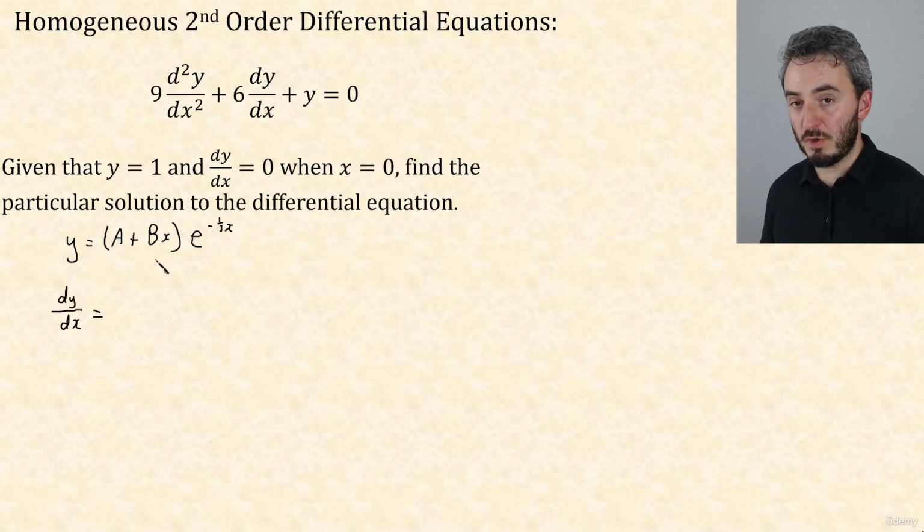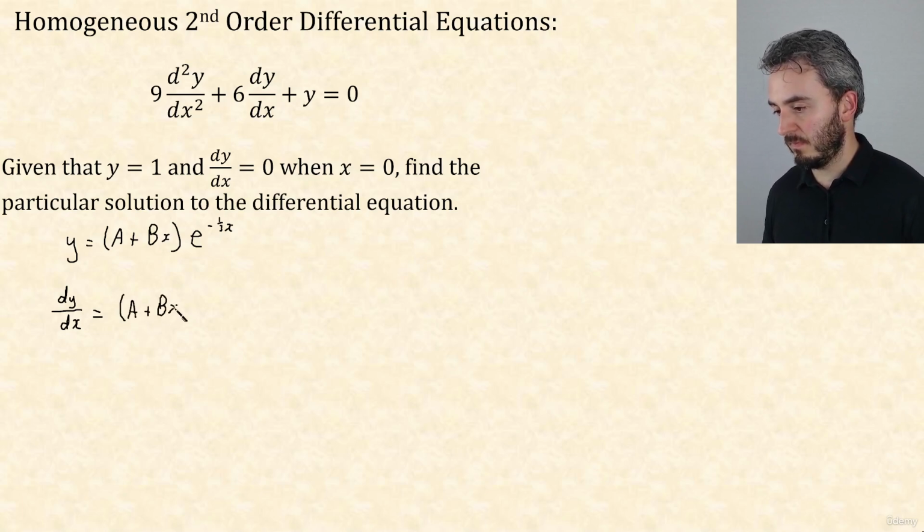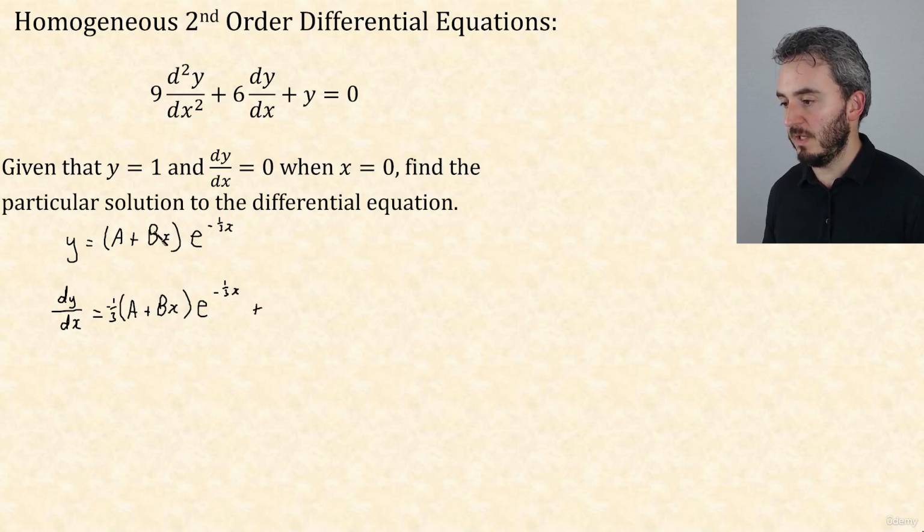This is going to be product rule. Here's my u, here's my v. So it's going to be u v dash, and the derivative of that is minus a third e to the minus a third x, plus u dash v. And the derivative of this is just b, and then we have e to the minus a third x.